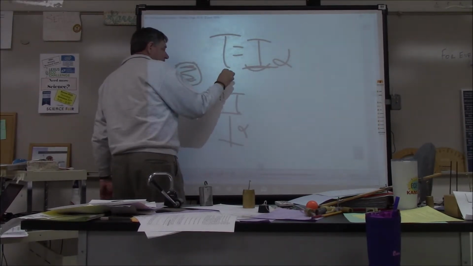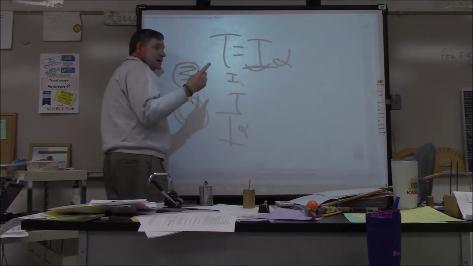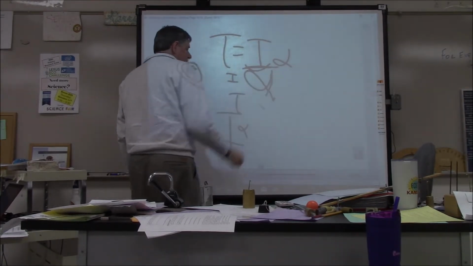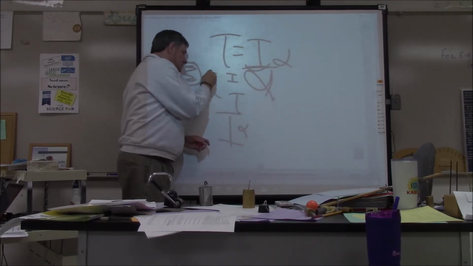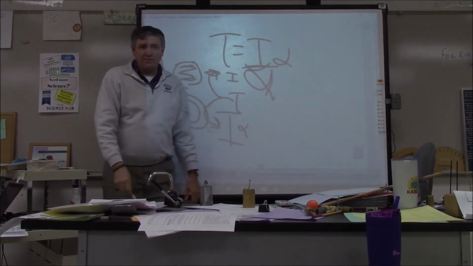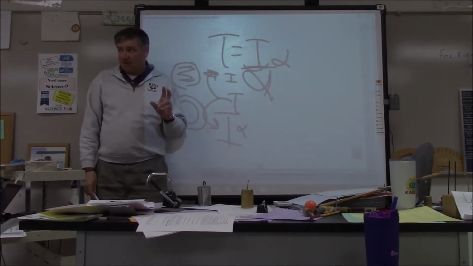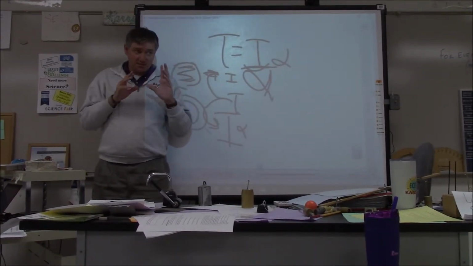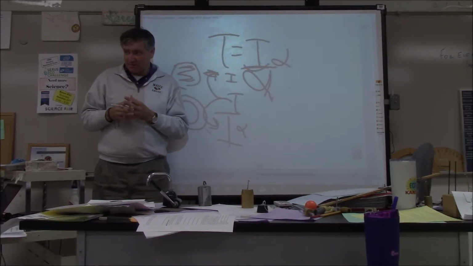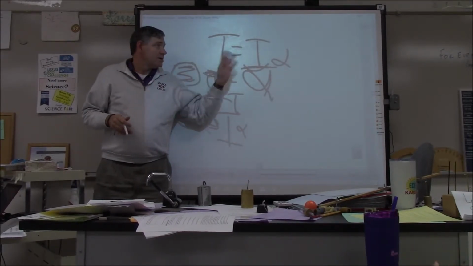This one had a smaller I, but it ended up with a bigger alpha. Okay? That's assuming that I'm applying the same torque to both of them. So if the same torque is applied, the one that has the bigger moment of inertia is going to have the smaller angular acceleration.